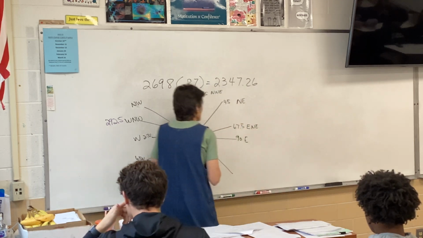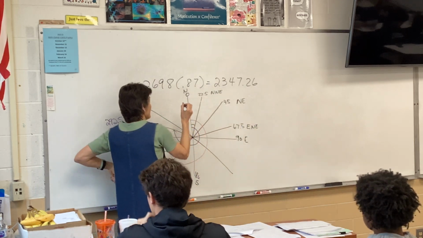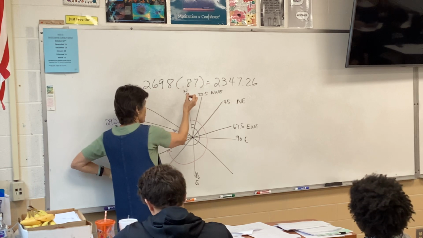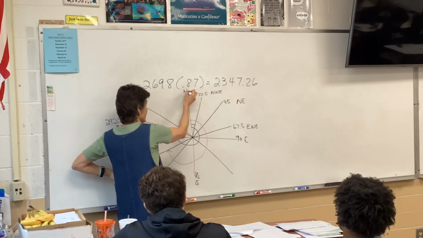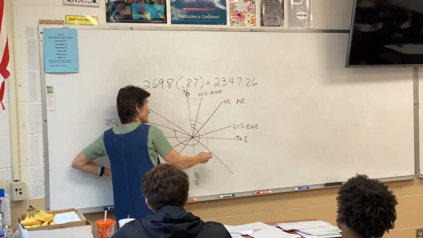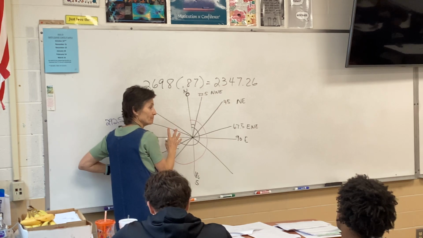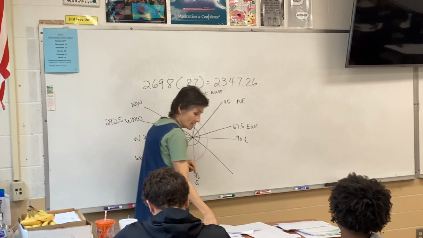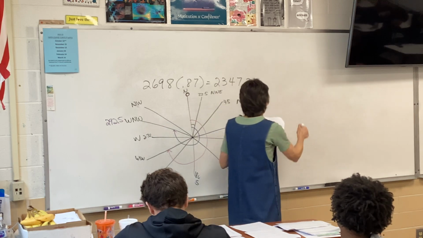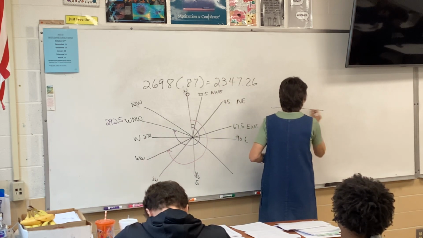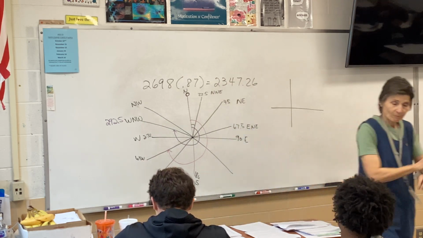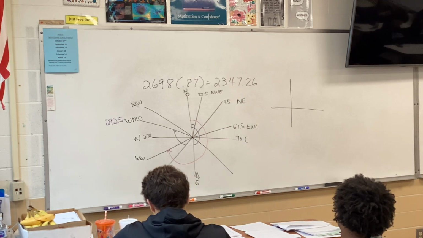I tried to make a big deal about it, that the only time angles are measured this way, starting up here, the only time is navigation. In regular trigonometry, every other situation other than navigation, angles are going to be measured in what we call standard position.